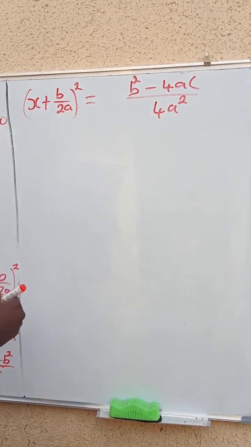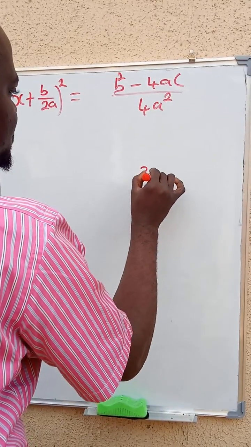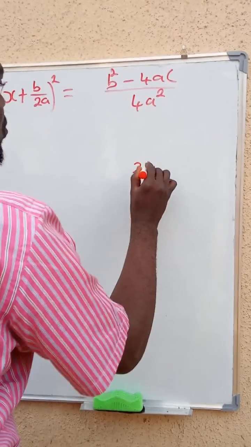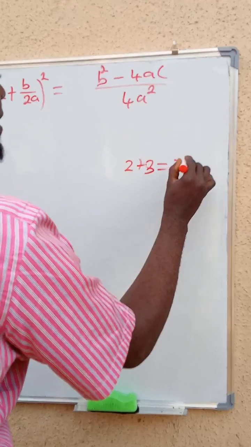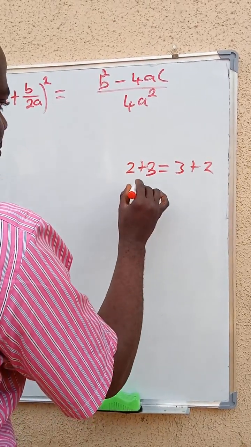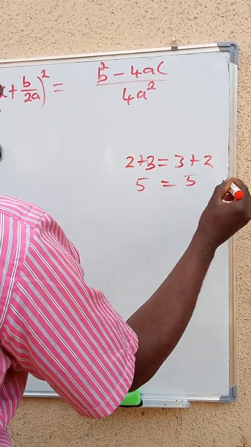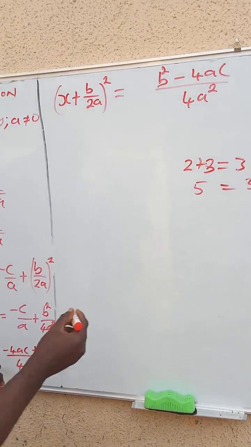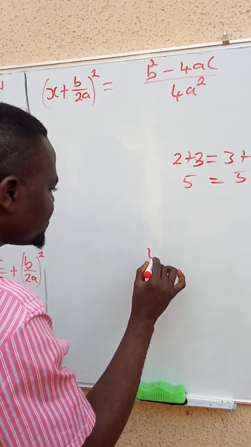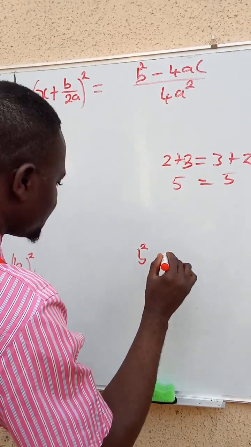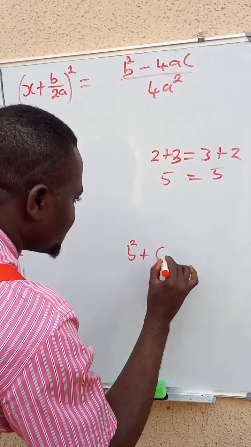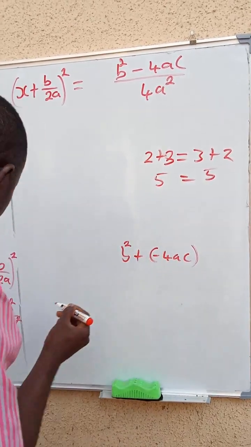Just take them. I know that addition is commutative. 2 plus 3 is the same thing as 3 plus 2. So this is 5 and this is 5. So this very one that carries minus is like this: b squared plus minus 4ac is this one that is carrying minus.